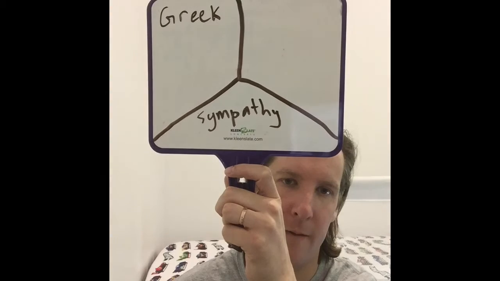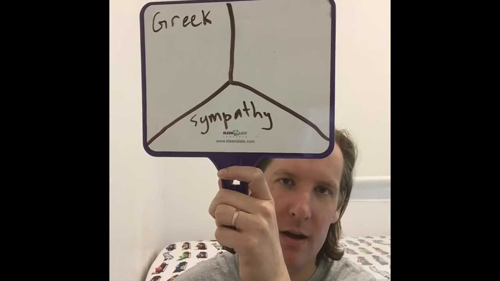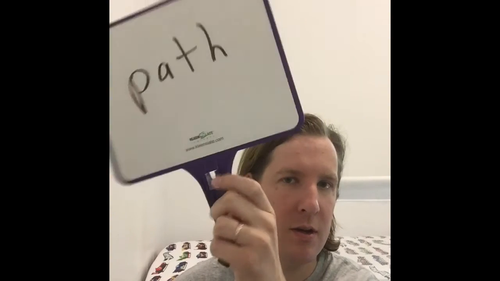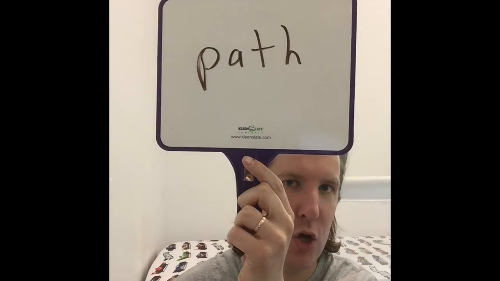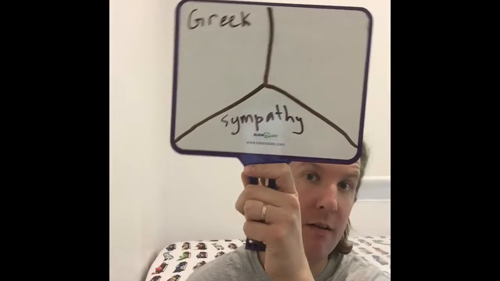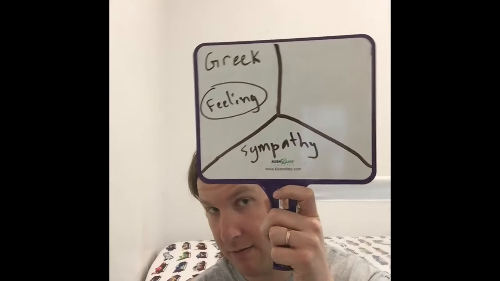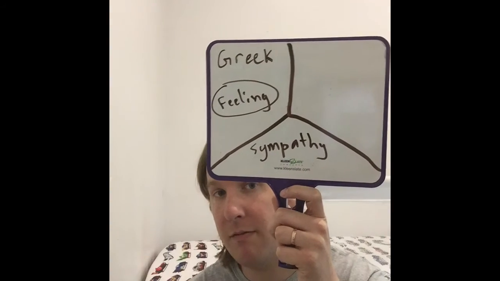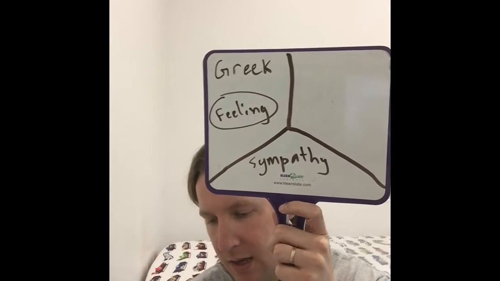Sympathy would be one word. So we kind of know the meaning now. Whenever you see this morpheme path, you know that it's going to mean a feeling. So I'm going to write that underneath the Greek origin, feeling. I'm going to circle it because I know that circling always tells me the meaning of the morpheme. And I'm even going to give you another example because I really like the sympathy example.